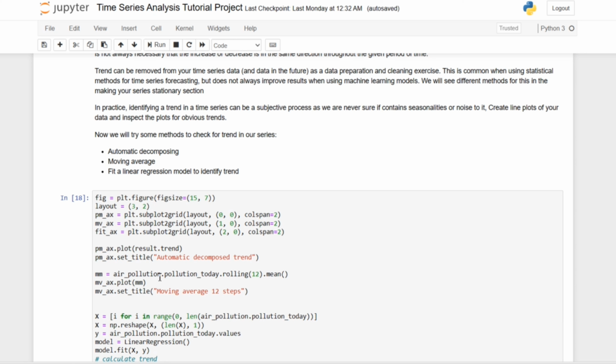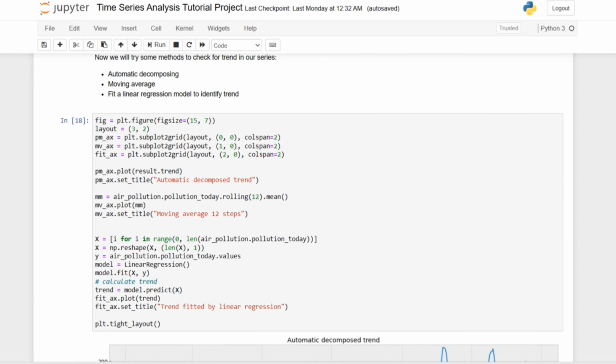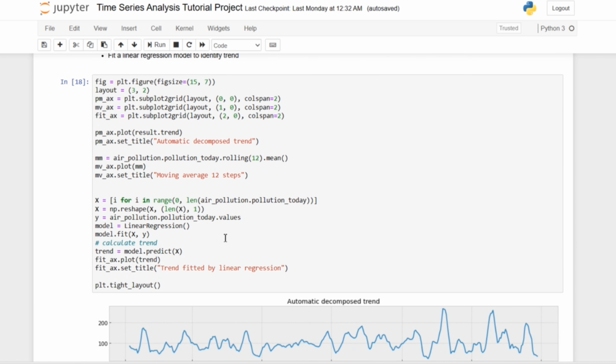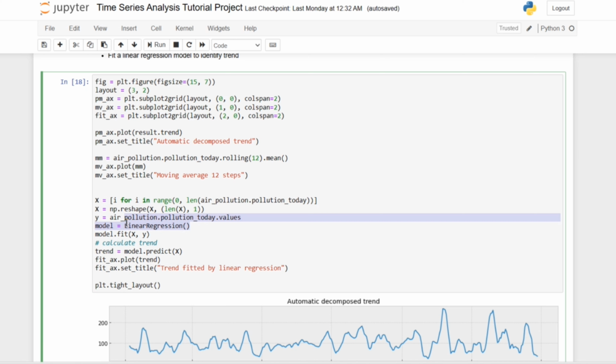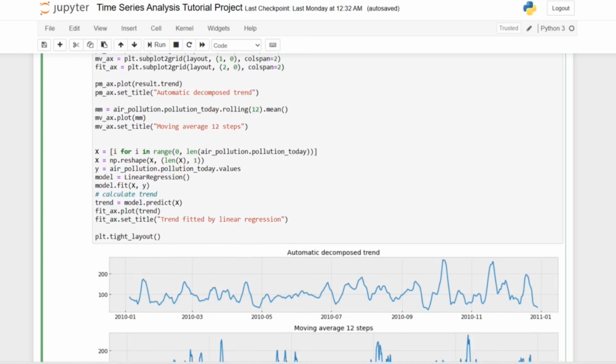Moving average is nothing but moving the mean over 12 steps. Then we can call upon the linear regression to identify the trend. Here I've used the linear regression model, fit it, and then calculated the trend, and this is then used for identifying the trend fit by linear regression.